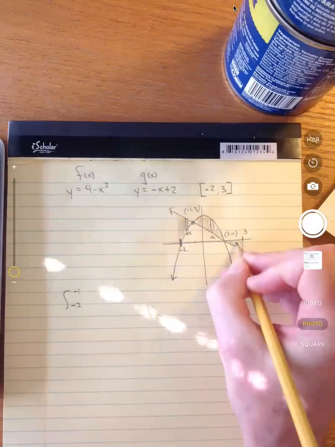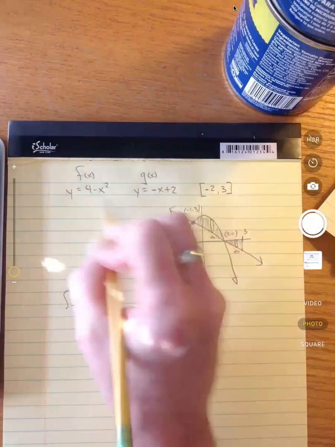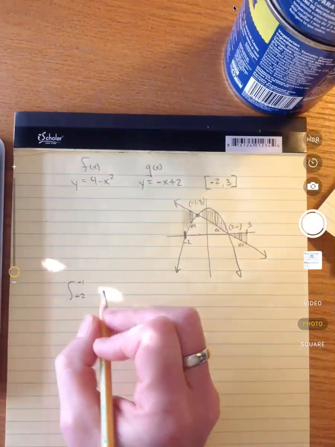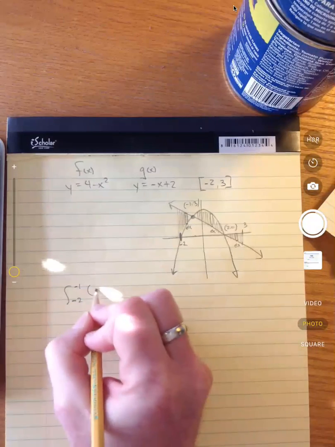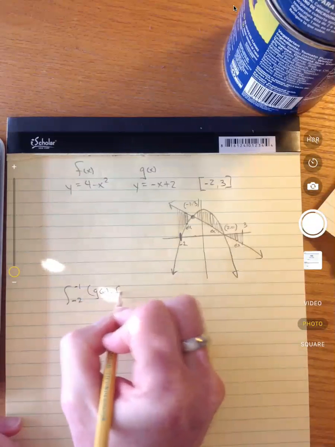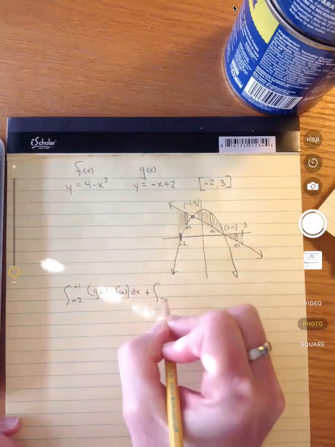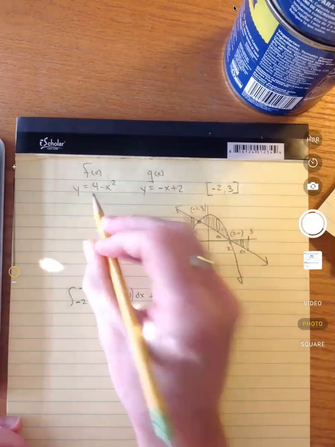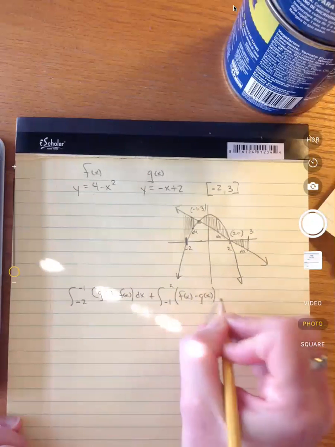In other practice, we've done these in terms of y, but that means I would have to rearrange and solve the equations for y. Why bother here? So -2 to -1, the linear minus the quadratic. So g of x minus f of x, plus the integral from -1 to 2 of now it's the quadratic minus the linear.